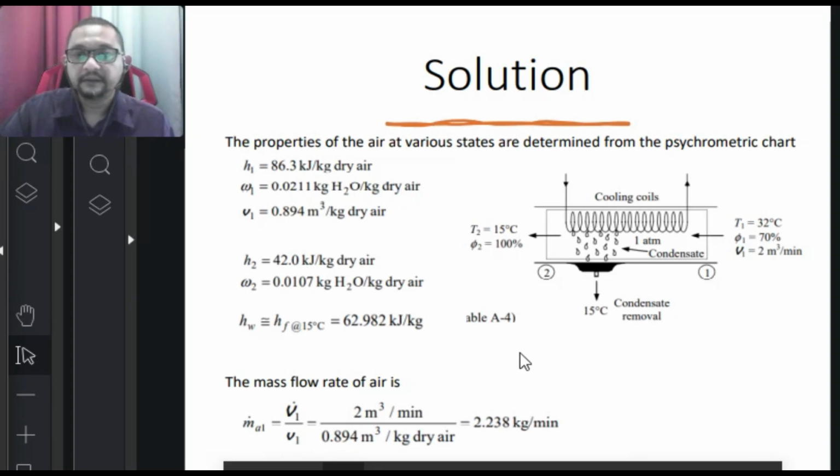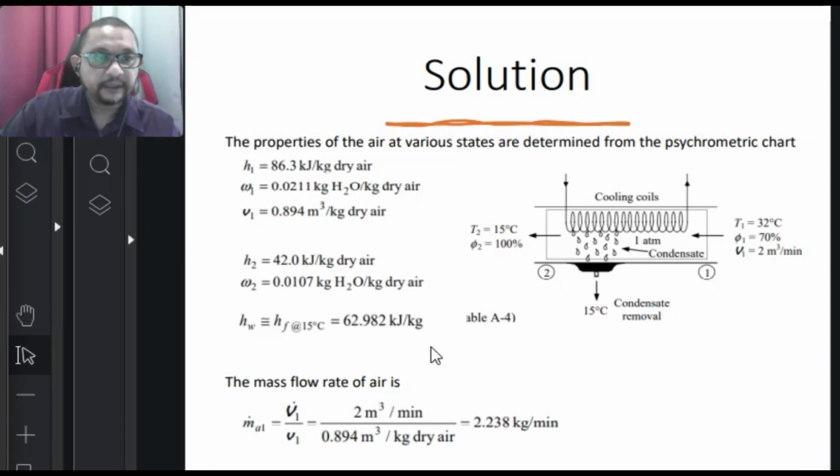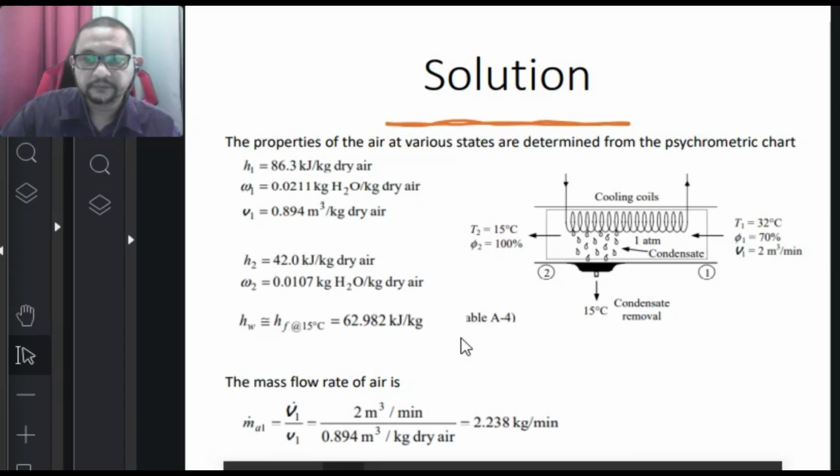Then you can also find h_w, which equals h_f at 15 degrees Celsius, which is 62.982 kilojoule per kg.